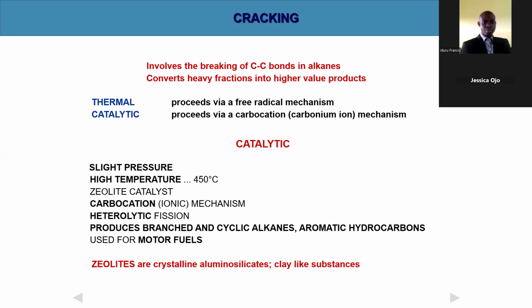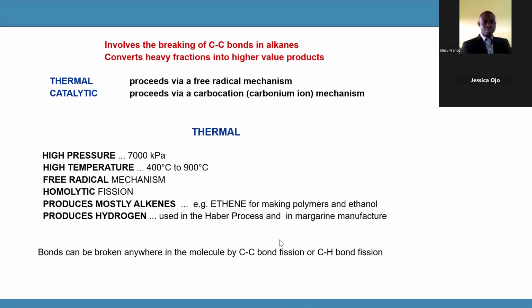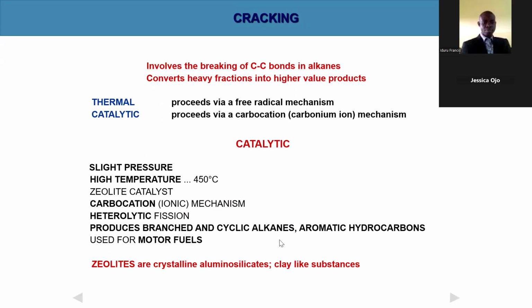So it usually produces cycloalkanes and aromatic hydrocarbons. You have a branched product produced and also aromatic hydrocarbon.